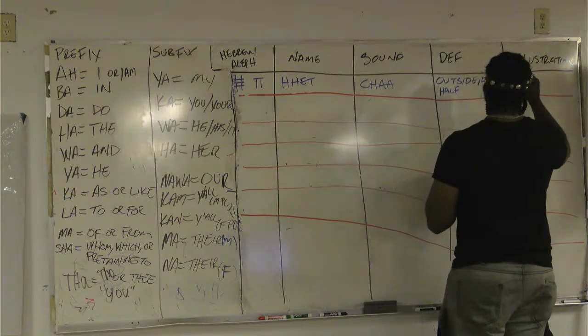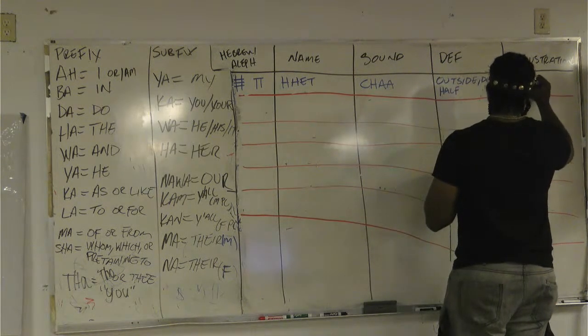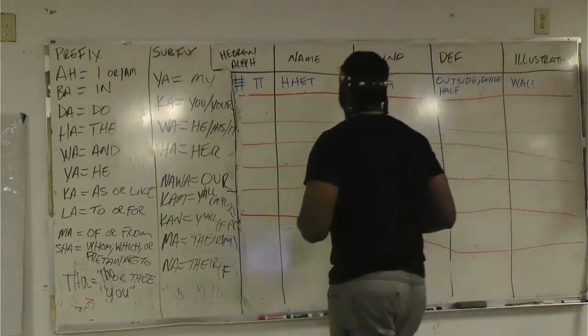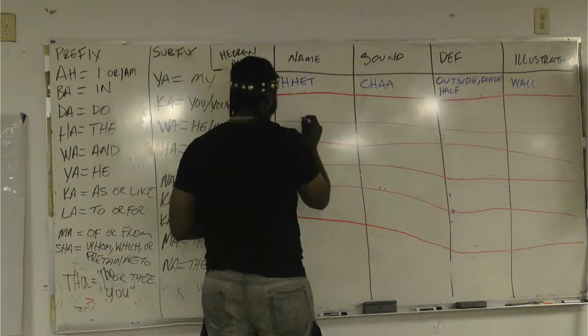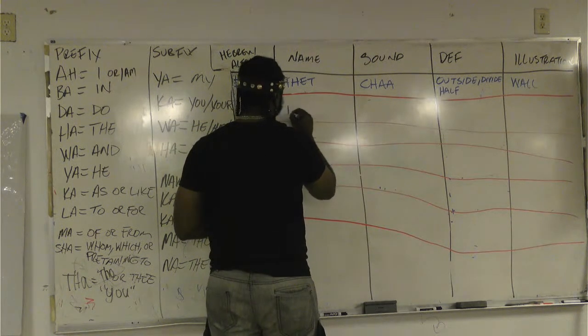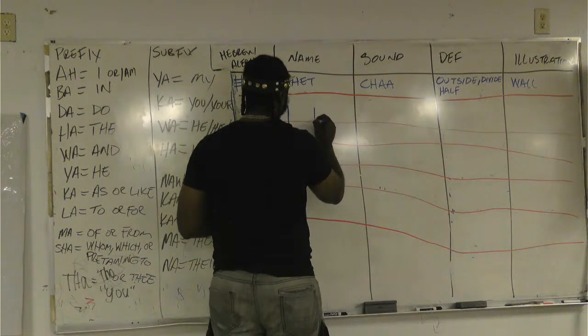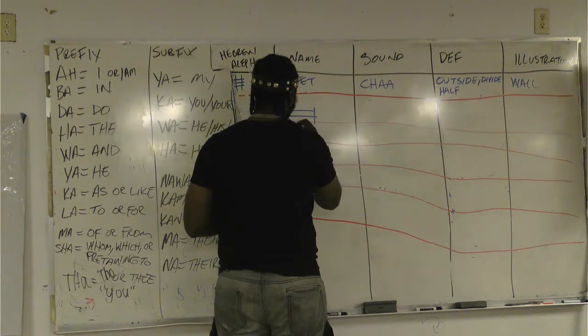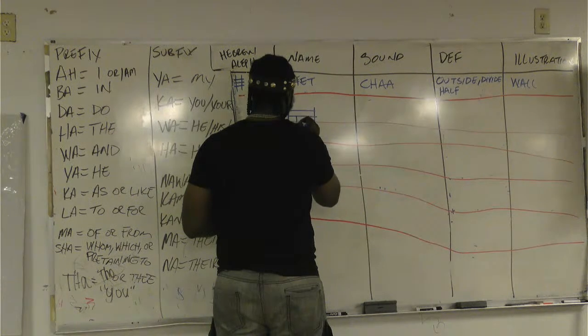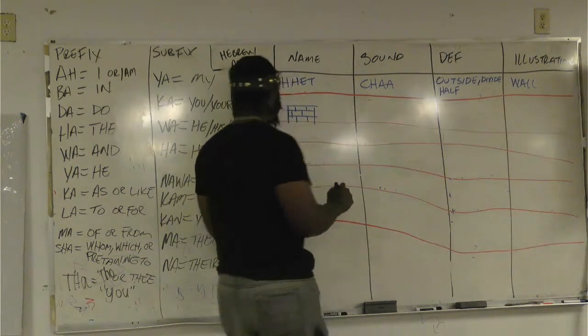The illustration is a wall. All right. How do we get that? Let me show you. All right. Get my architecture on. All right. A wall.